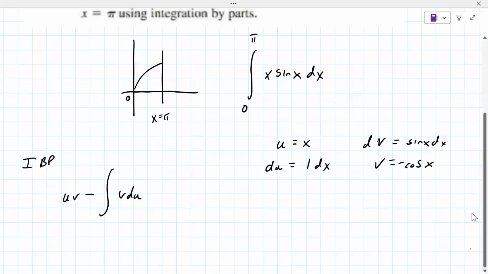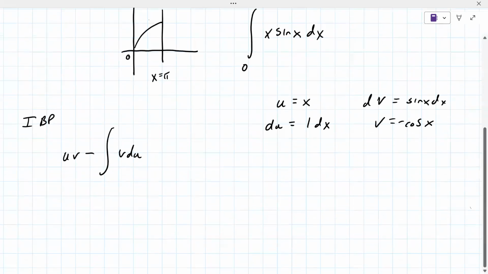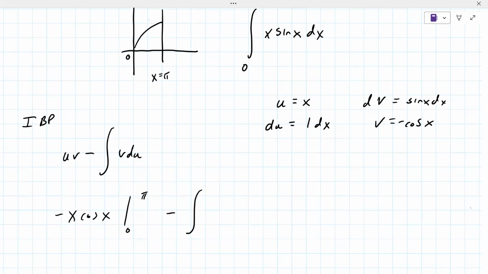Now, when it's a definite integral, you end up evaluating the uv. So it's minus x cosine x evaluated from 0 to pi, minus integral v du. So that minus goes with the plus cosine x dx again from 0 to pi.